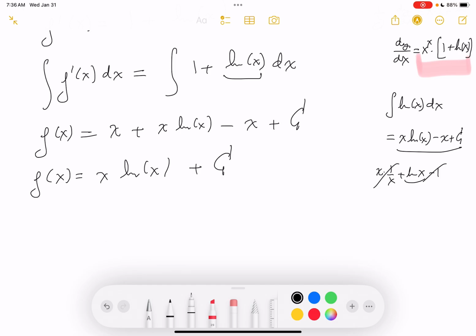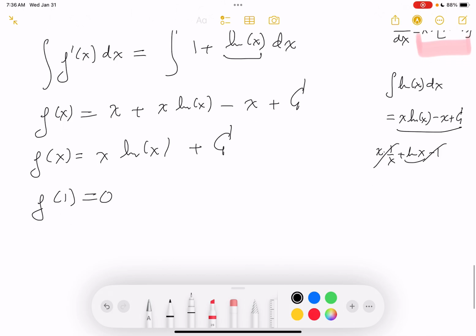All right. Now, do I know a value? I do. I know f of 1 is equal to 0. That's the first thing we did for the problem, by the way. It was easy to do. So I can say f of 1 is equal to 0 is equal to 1 times the natural log of 1 plus c.